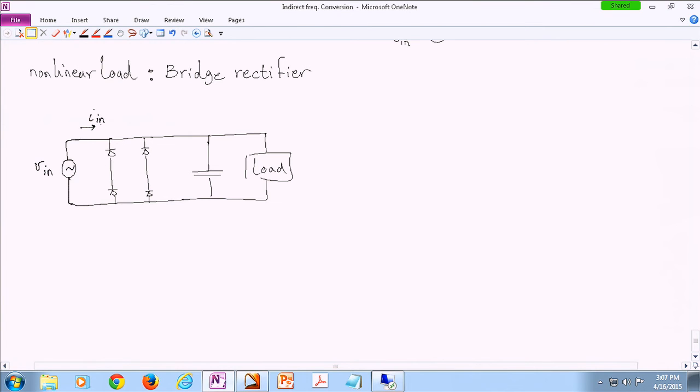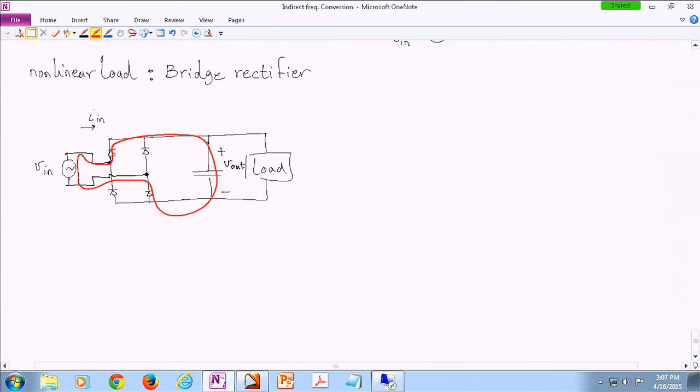Okay, oops, that's not how it's supposed to work. All right, so this is connected here. All right, something like this. And so if you have forgotten about this bridge of diodes, the way it works is when the input voltage is in its positive cycle, this diode turns on and this diode turns on.